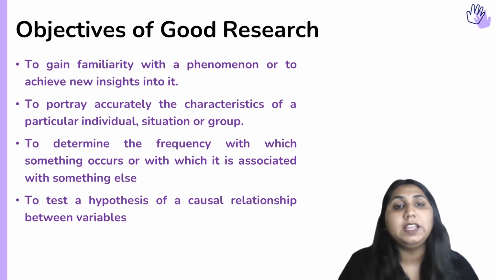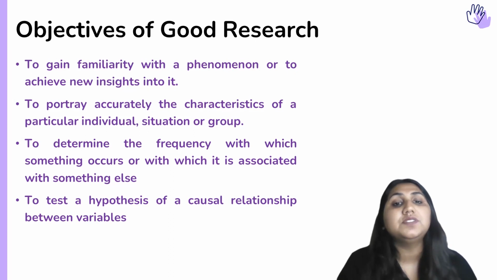So you might formulate a hypothesis that there is no significant relationship between smoking and anxiousness. Now I want to prove or disprove this hypothesis. Either of these things would be there. So in order to do that, I will be doing a hypothesis testing research or an experimental study. All right. With this, I conclude the objectives of good research.